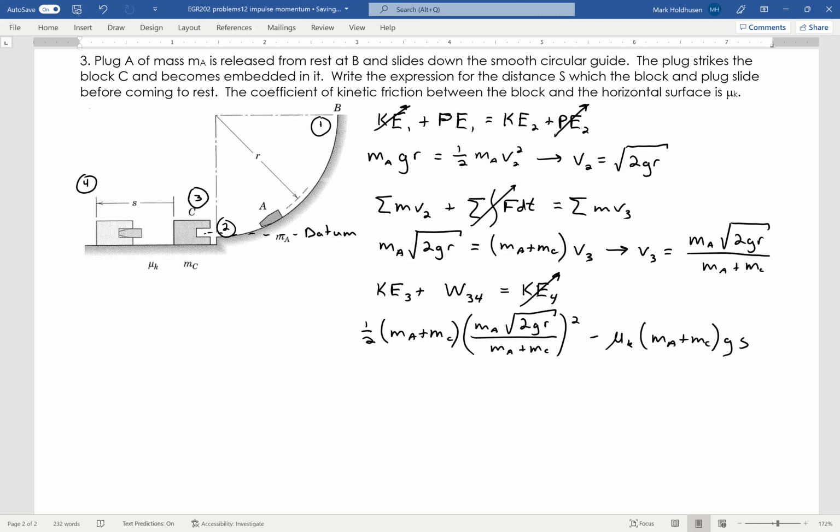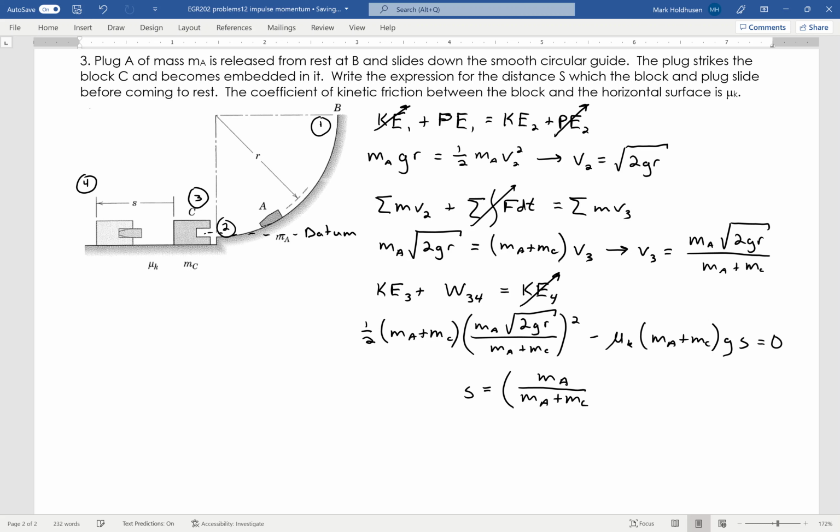That's the friction force times the distance, so the work due to friction is negative. From this, I can solve for s, and I'll let you do the math on your own.